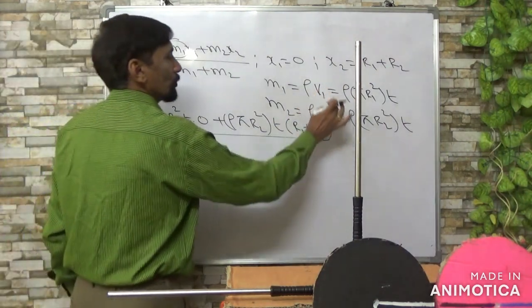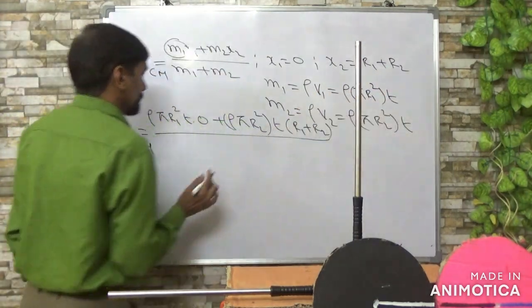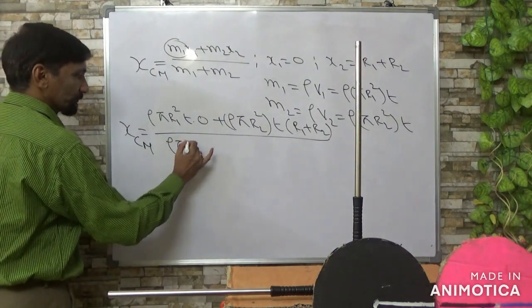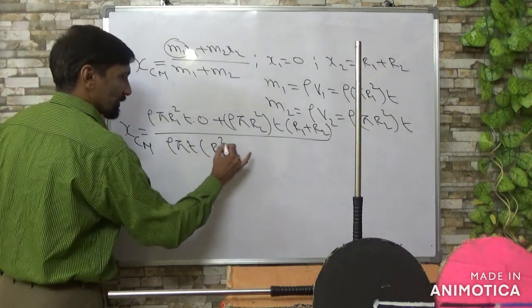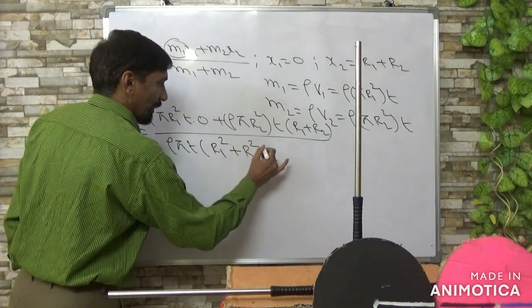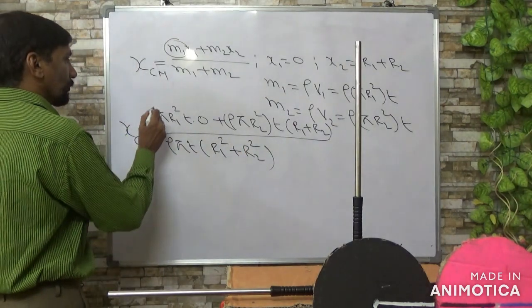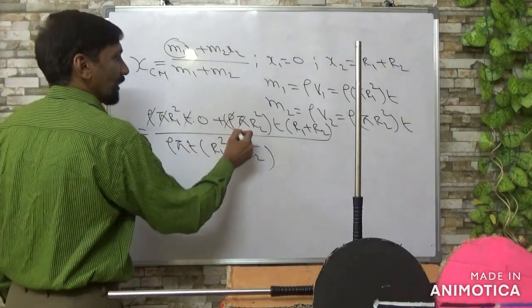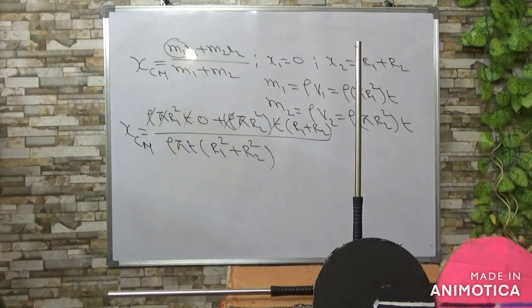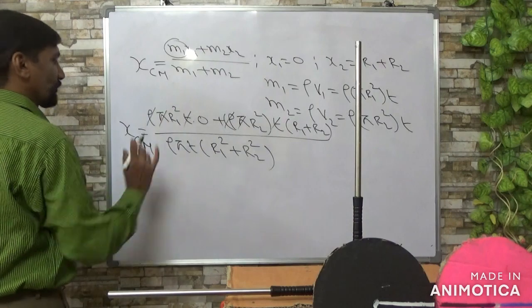In these two, rho pi t are common. So the total mass is r1 square plus r2 square. So you can cancel rho pi t after taking common, right? So the first term is into 0 only now.